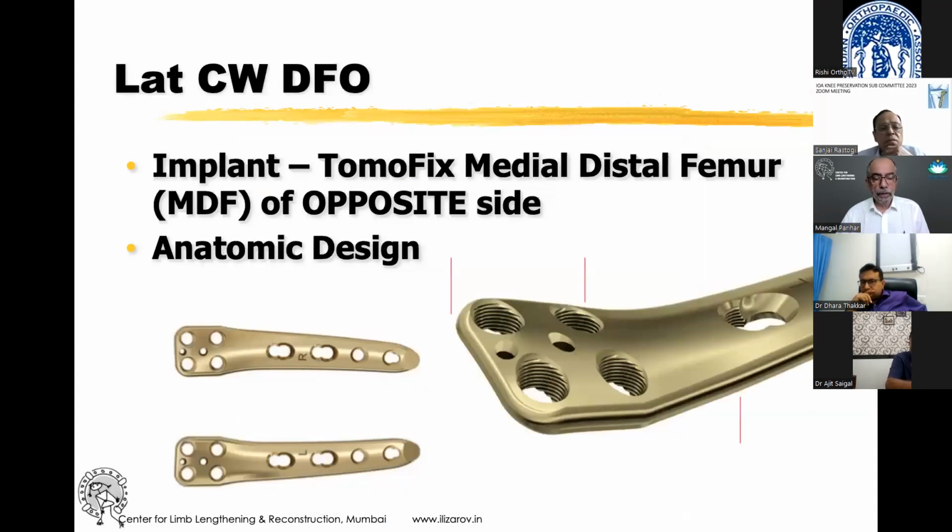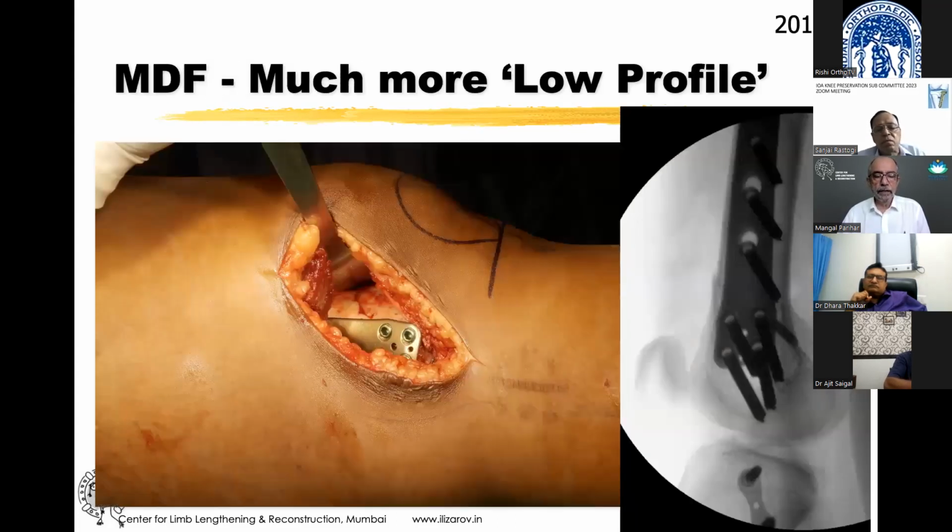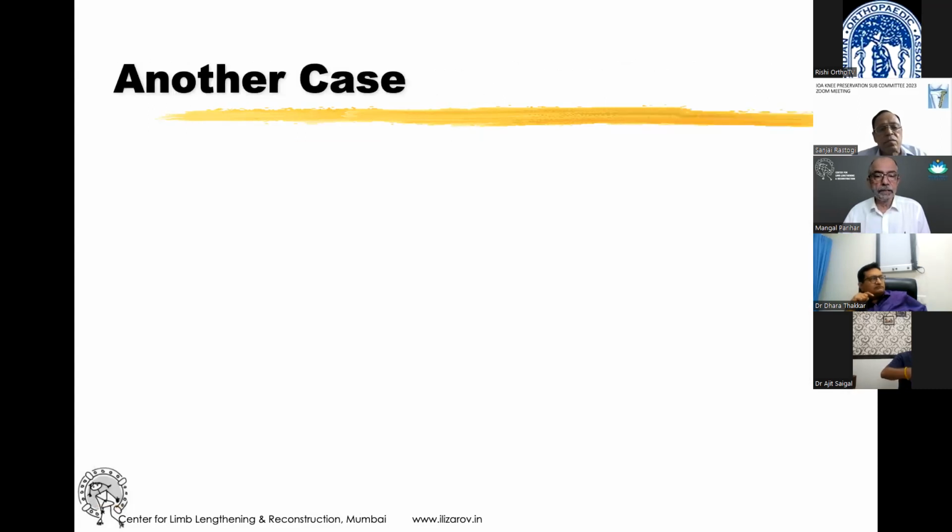It's actually meant for a medial closing wedge, but if I'm doing a lateral closing wedge of the right side, I will use a plate which is meant for the left and vice versa. And as you can see, this is a very, very low profile implant. So patients don't have trouble from the point of view of irritation from the thick lateral distal femoral plate.